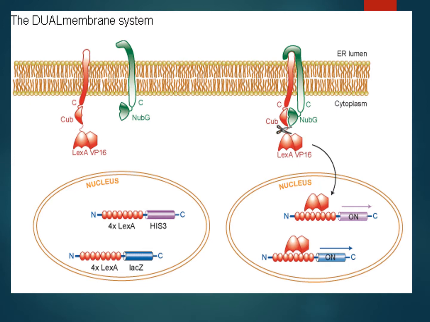And so here's that cartoon. The Cub and Nub come together, and if they don't come together, then no interaction occurs. If they do come together, we have a splicing, because this is a protein cleavage splicer. This is a ubiquitin protease, and it chops this, and that then finds its way through the nuclear pore, binds to a reporter, and you get a histidine or you get LacZ.